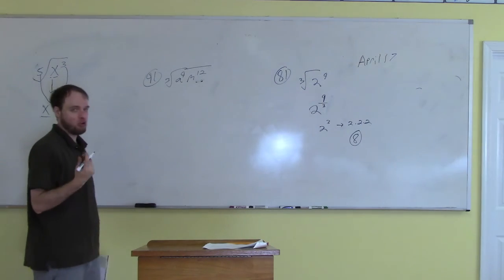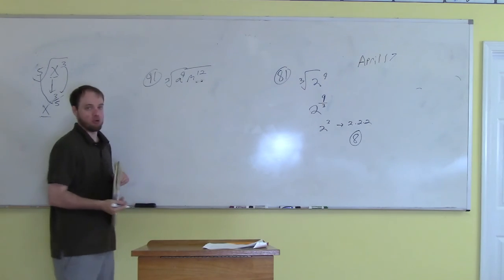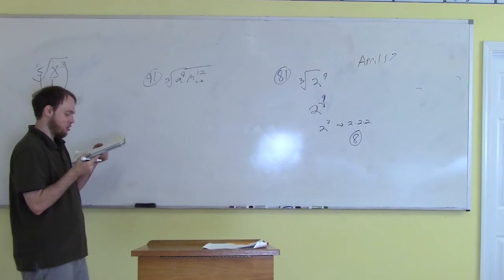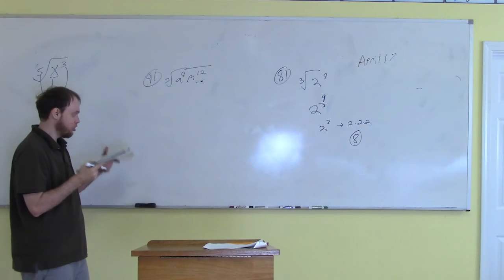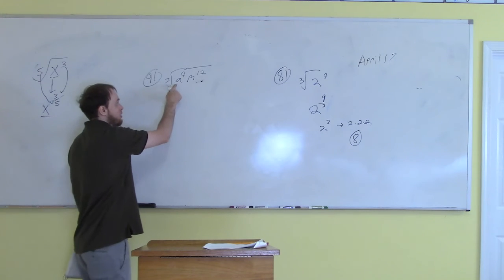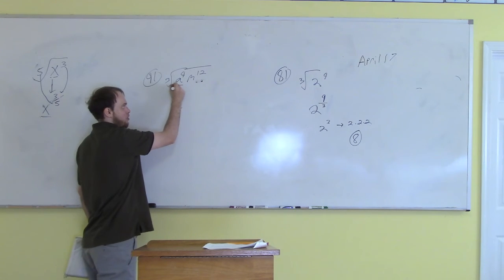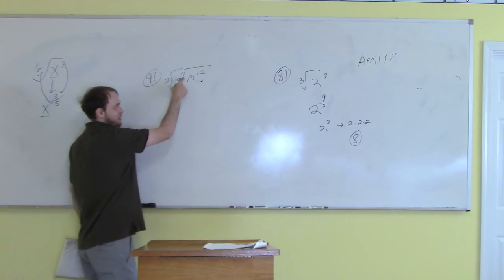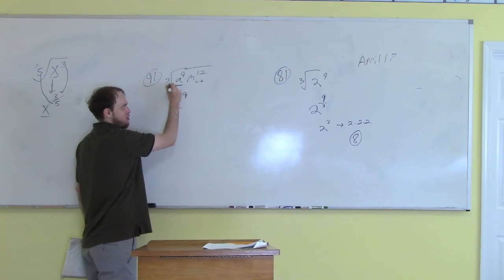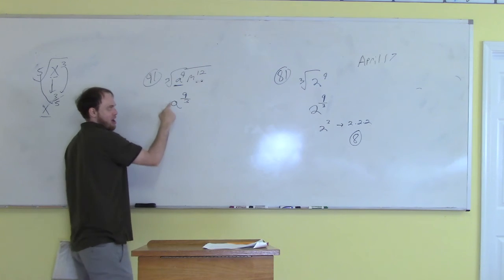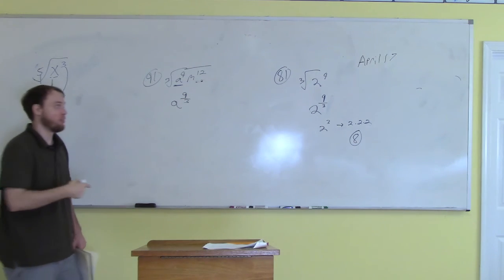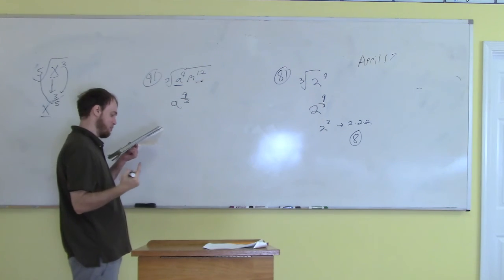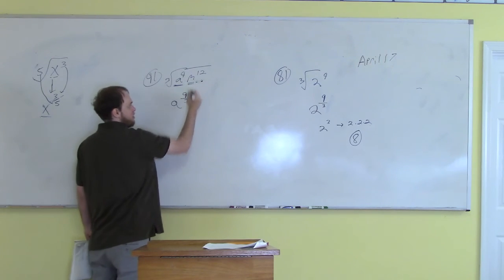And so notice there's 2 of them under the radical. That's fine. Just do them individually. So what we're going to do is do the base of a first, and then set up that fractional exponent. So again, the 9 goes in your numerator, the 3 goes in your denominator, so I have a to the 9 over 3. So then do the m second.